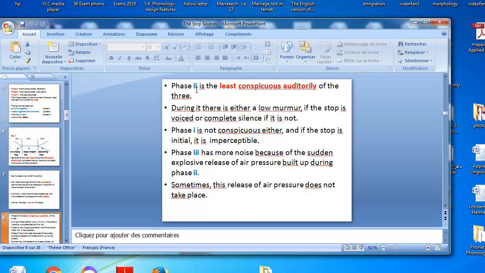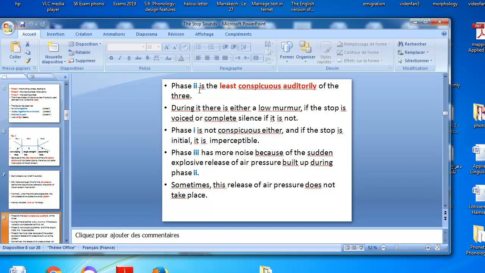Now, phase 2 is the least conspicuous auditorily of the 3. This is the phase that we don't hear. Look, auditory means we are talking about sound from the auditory point of view, how we perceive them, how we hear them. So phase 2 is the one that we don't even recognize because we don't hear it.